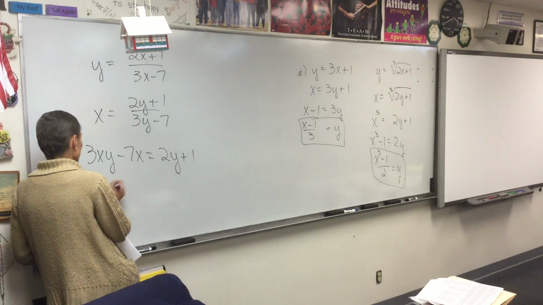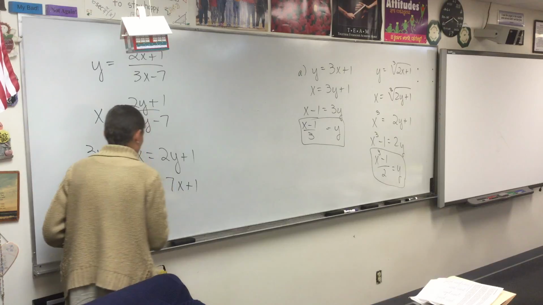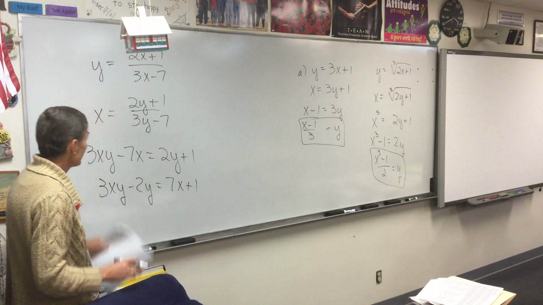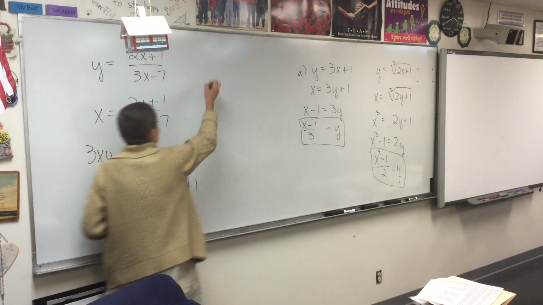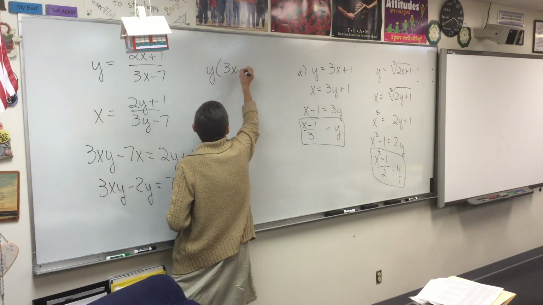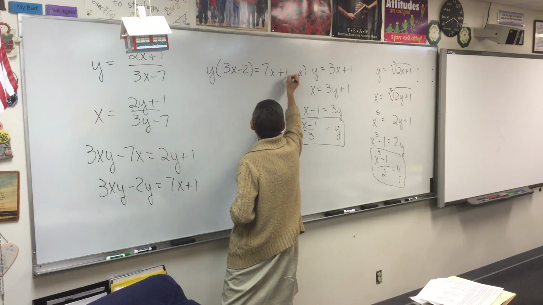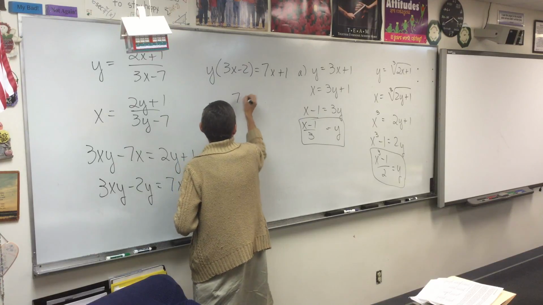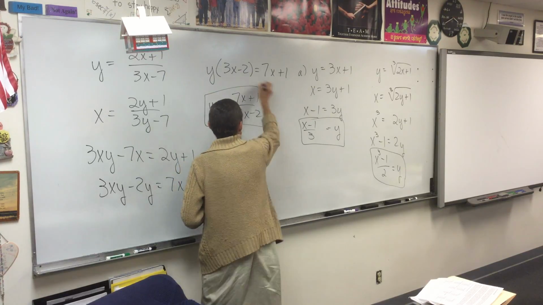So you gotta get everything with a y on the same side. So we're just rearranging terms. Now that they're on the same side, we can factor it out. And then what's the very last step? So your inverse is 7x plus 1 over 3x minus 2.